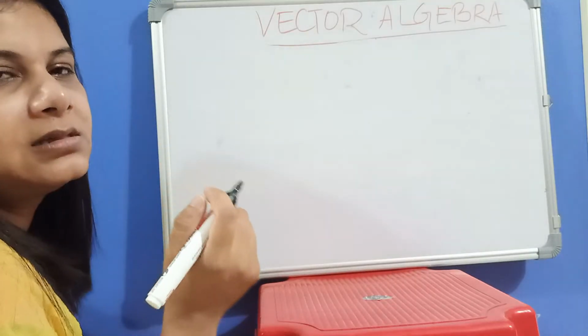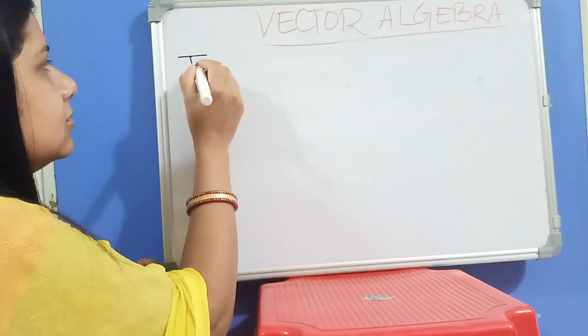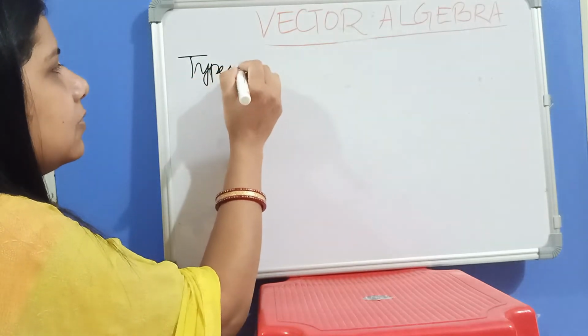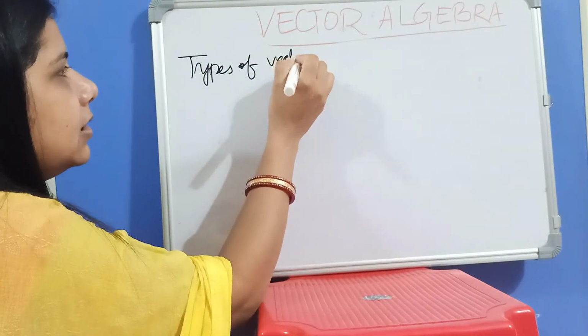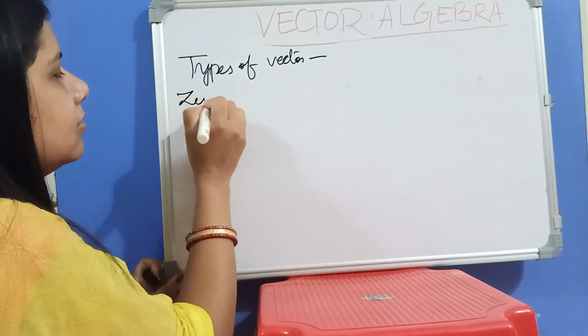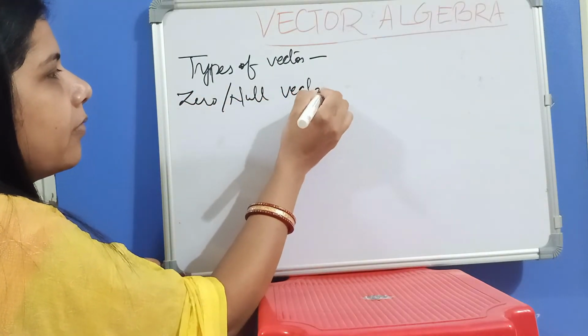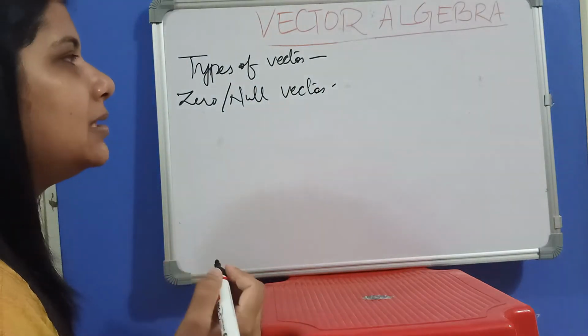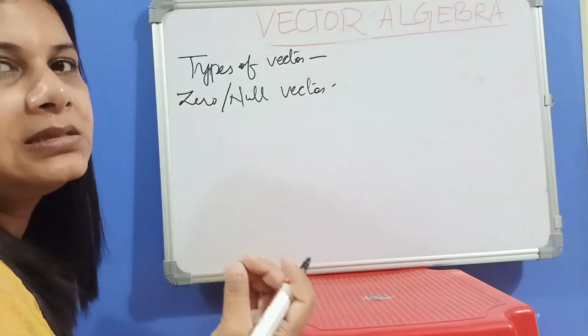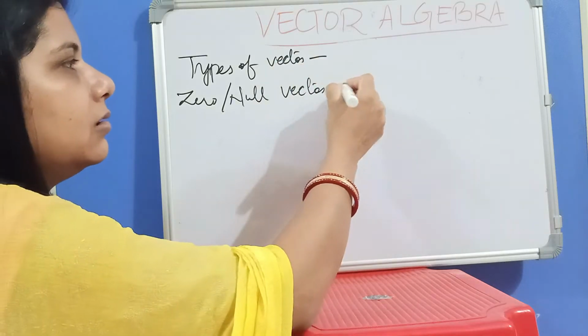So now we will discuss types of vectors. First type is zero vector, zero or null vector. From the name itself, zero vector means the magnitude is zero.